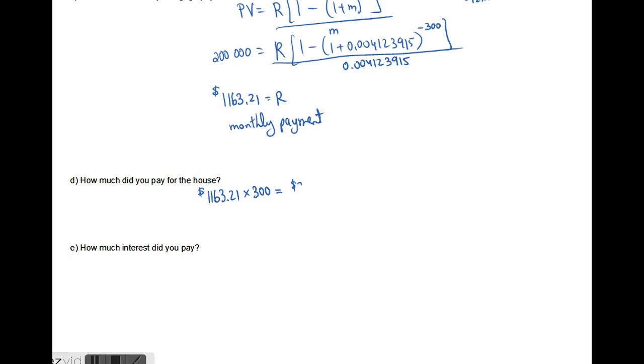If you multiply them, you would have 348,962.97. Don't forget that you had also a down payment of $50,000. Therefore, the total price of the home ended up being the following.